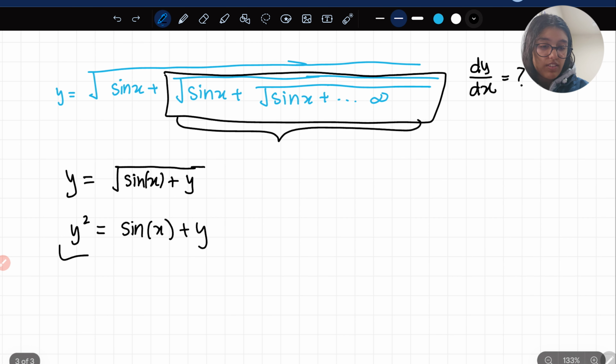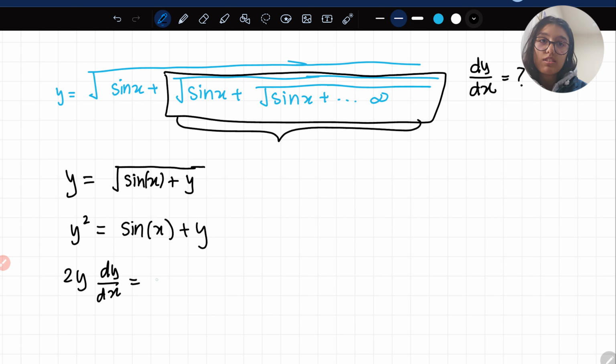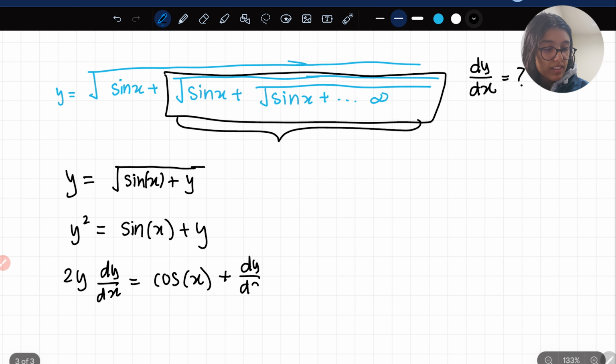Now I could start taking the derivative over here. Once again, we're finding dy over dx. We're taking the derivative with respect to x, so there's going to be implicit differentiation over here. So you have 2y dy over dx is equal to the derivative of sine x, which is cos x. It's very important to remember derivatives of trigonometric functions, even though we don't like memorizing them. And then plus the derivative of y, that's just dy over dx. Taking dy over dx to the other side, we get 2y dy over dx minus dy over dx.